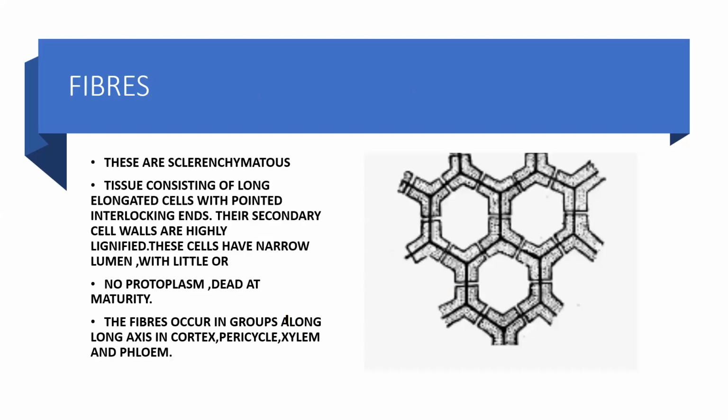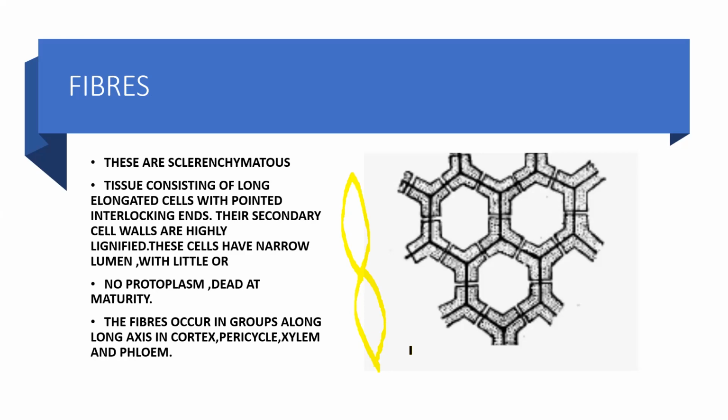Now, as we have discussed, fibers are elongated, they can be elongated like this, and they have pointed ends. These cells, whether sclerenchyma tissue or fibers, are highly lignified, meaning lignin has been deposited, and they become dead at maturity.